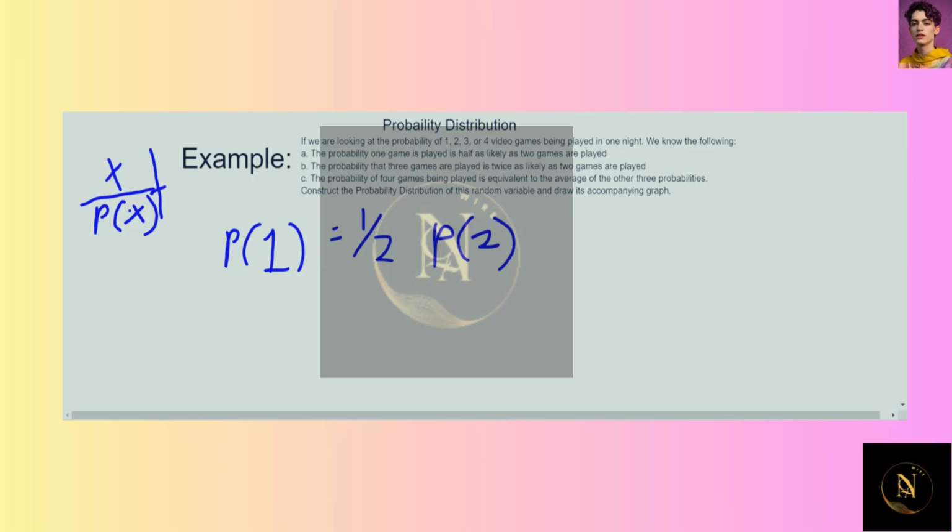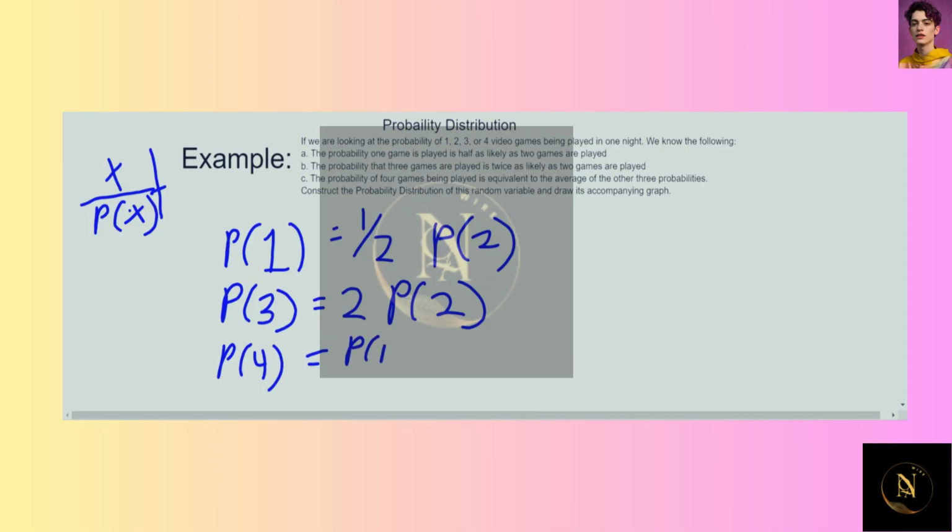Now for B, the probability that 3 games are played is twice as likely as 2 games are played. So probability of 3 equals 2 times the probability of 2 games being played. And then lastly, the probability of 4 games being played is the average of the other 3. So probability of 4 equals probability of 1 plus probability of 2 plus probability of 3, all over 3.